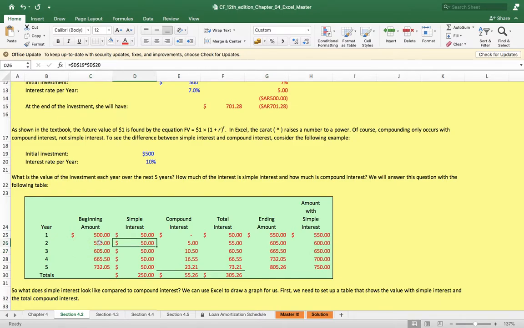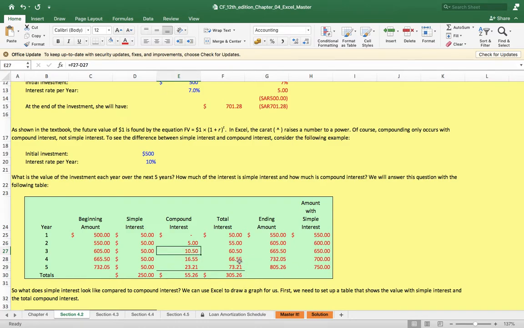Simple interest is 50, but the total interest is equal to the ending amount minus beginning amount. 605 minus 550 is equal to 55. 55 minus simple interest 50 is equal to $5, the compounding interest on interest. Same third year, the total interest is 60.5, simple interest is 50, so interest on interest is 10.50.